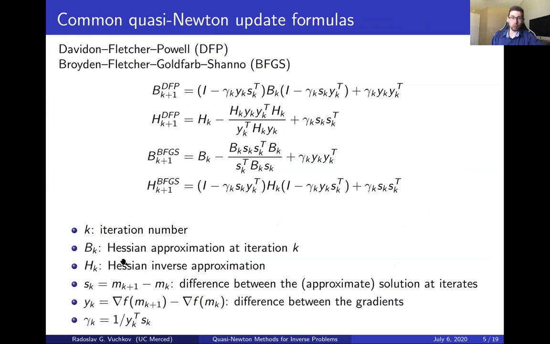BK here stands for the Hessian approximation at iteration K, and HK stands for the Hessian inverse approximation at iteration K, because in some methods it makes more sense to approximate the Hessian inverse directly. SK is the difference between two iterates, and YK is the difference of the gradients of those iterates.